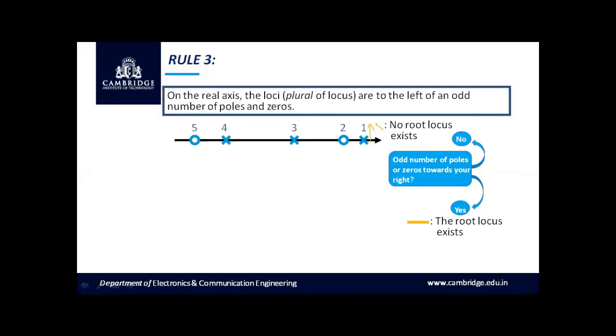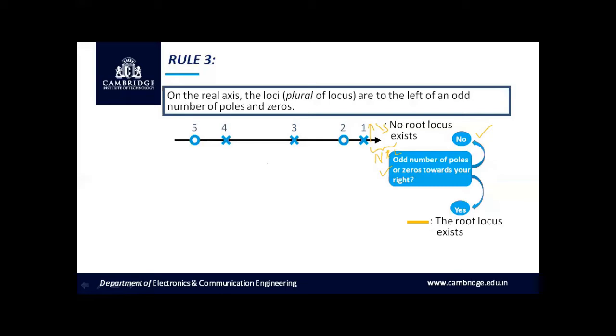Now we have to look to the right and inspect whether we have any odd number of poles or zeros towards the right. Yes or no? With respect to this case, it's no. I don't have any odd number of poles or zeros. Hence, root locus does not exist in this region. I can mark it as NRL.